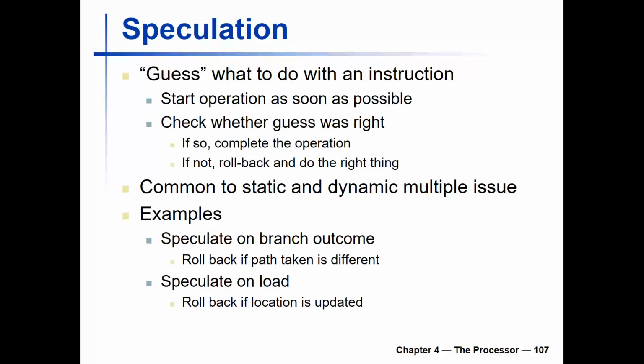Now, we will use what we call speculation. Speculation means a guess. We need to do some kind of a guess at some point in the execution, on a branch or what have you. Then we execute until we complete and we get our decision.